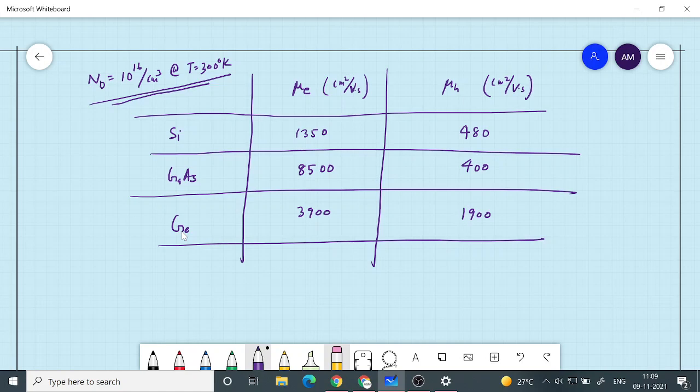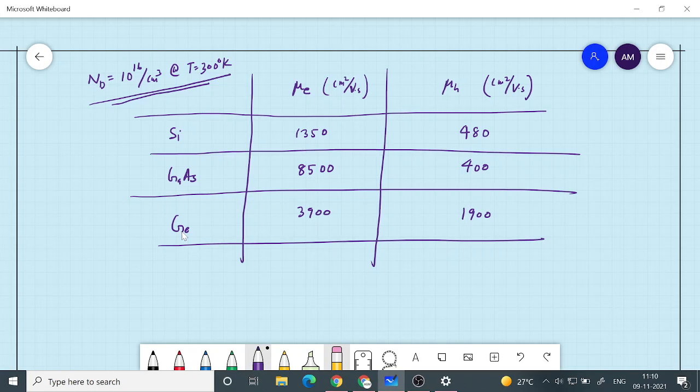Another thing that you see is that with gallium arsenide, if you are using N-type material, you get an enormous amount of speed up. For example, with silicon you are able to make a device which will operate at 1 gigahertz. After that, the speed is very less, so you don't prefer it. But gallium arsenide can continue to offer high speed, which means you can have higher variations with respect to time.